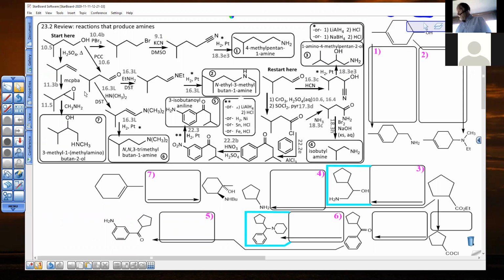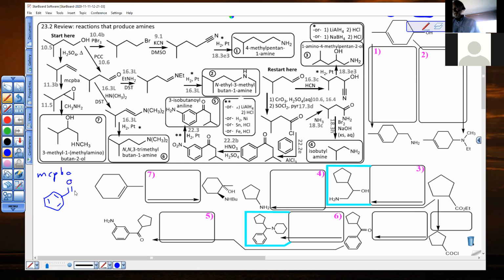meta-chloroperbenzoic acid. At this time, it's appropriate to review things like meta-chloroperbenzoic acid, since that chapter with aromatics is also on our exam. MCPBA. We have a benzoic acid that would have a carboxylic acid right there, but it's a peracid.